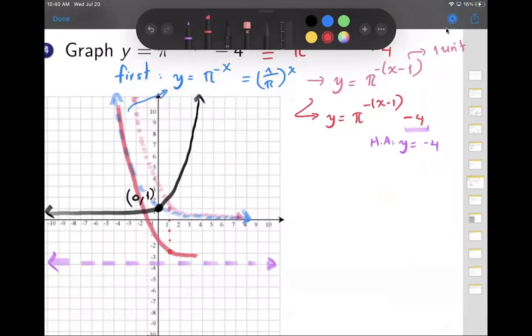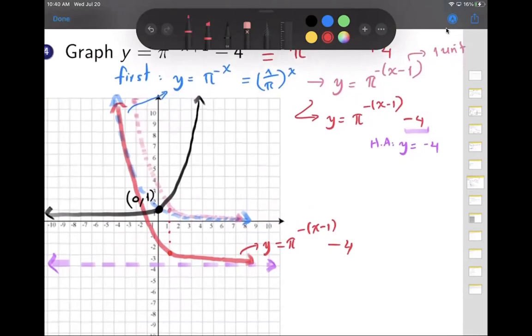Your final graph right there. y equal pi to the negative x minus 1 minus 4. Okay. So one step at a time, one step at a time. If I give you something like this on the exam, again, one step at a time, right? Don't think too much.